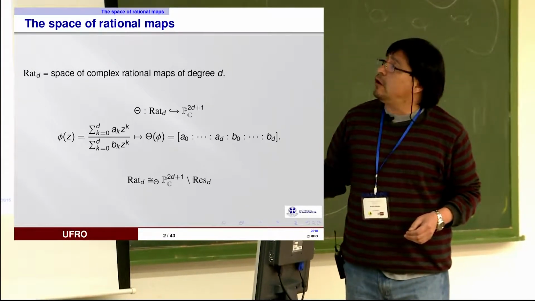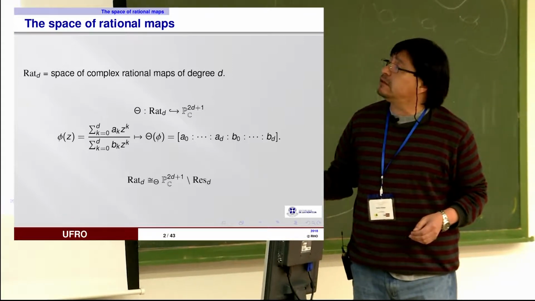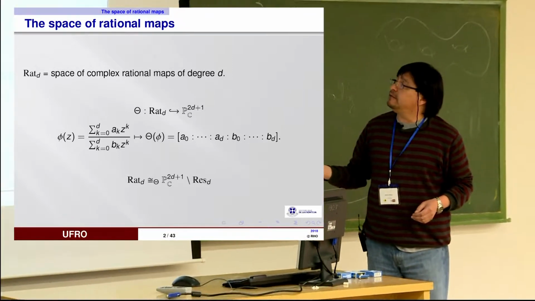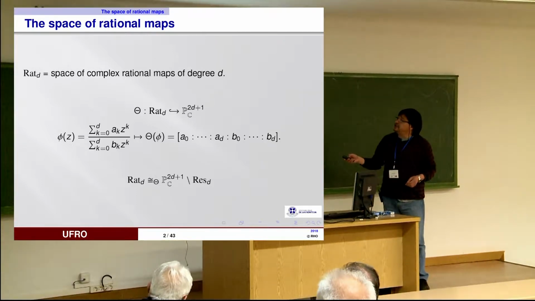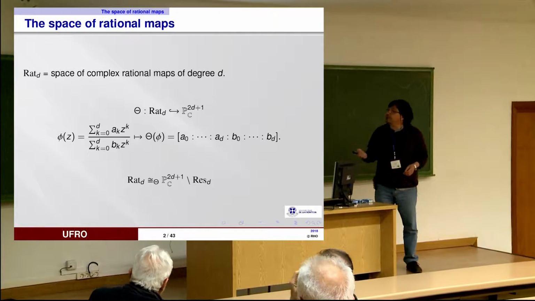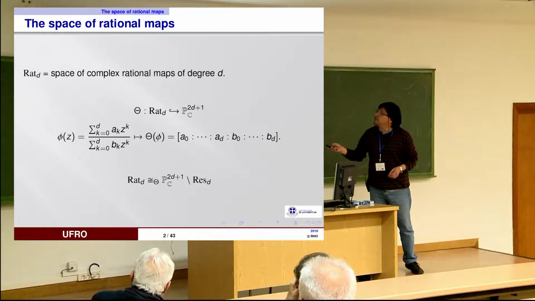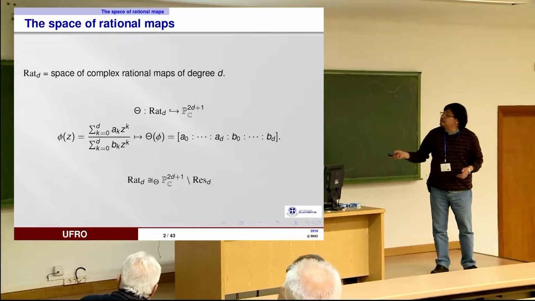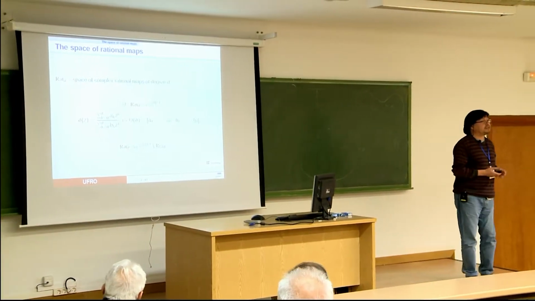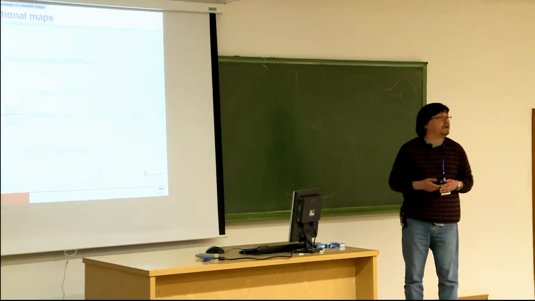We can collect all the coefficients of the polynomials defining the rational map, and this provides us an injective map from the space of rational maps of degree d into projective space. And this image is just the complement of a hypersurface, which is the resultant of the two polynomials.